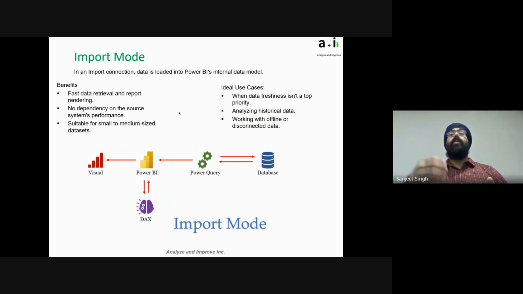If you are using the Power BI service, you can schedule it like 10 times a day or 24 times a day. It's based on the licensing, because as a Power BI service, you have two types of licenses. One is the normal one, and the other is the premium, where you will pay more.